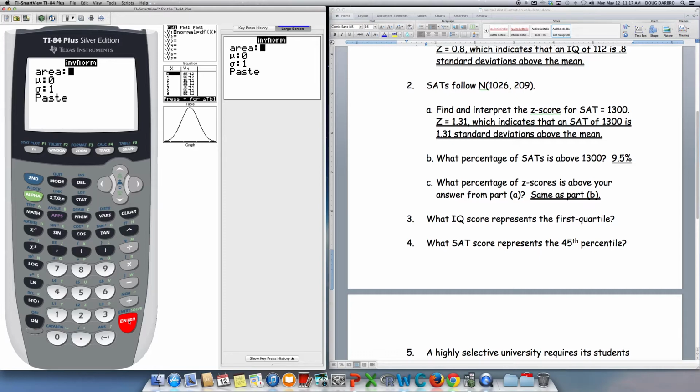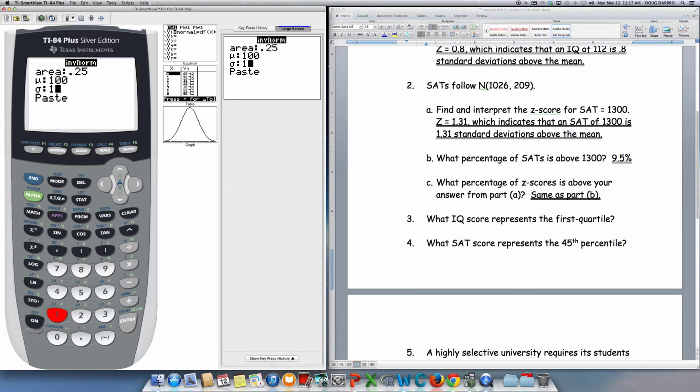So in part 3, what IQ score represents the first quartile? We ask ourselves, what percentage of scores is below the first quartile? And we should know by now that's 25%. We should also know that 25% as a decimal is 0.25. We're dealing with IQs, mean of 100, standard deviation 15.